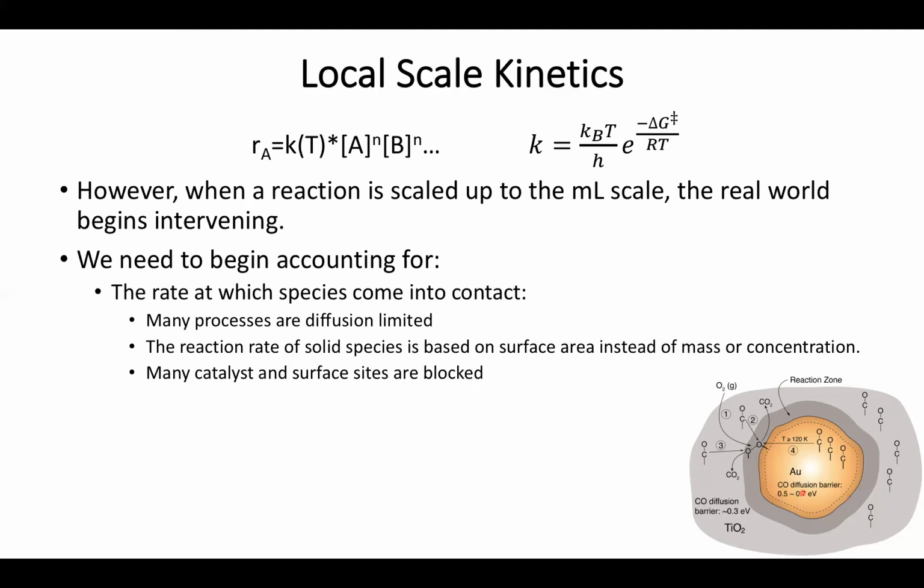And very much related to this, I may have a catalyst or a surface that has its sites blocked by another material, such as carbon monoxide. This is a classic problem in a lot of biochemistry, as you may end up having an active site blocked by another material.